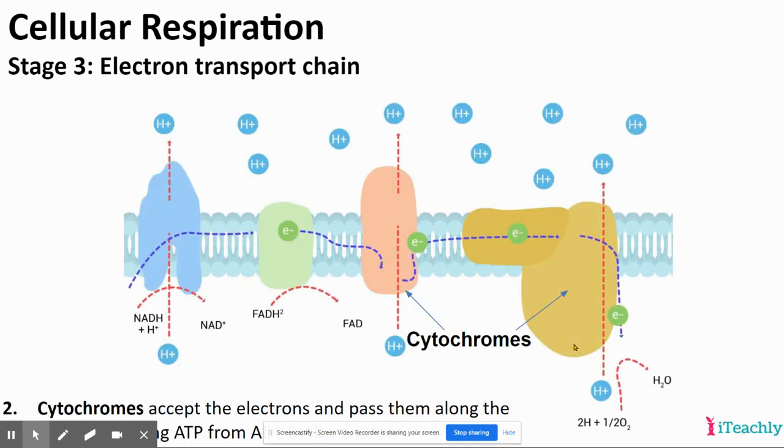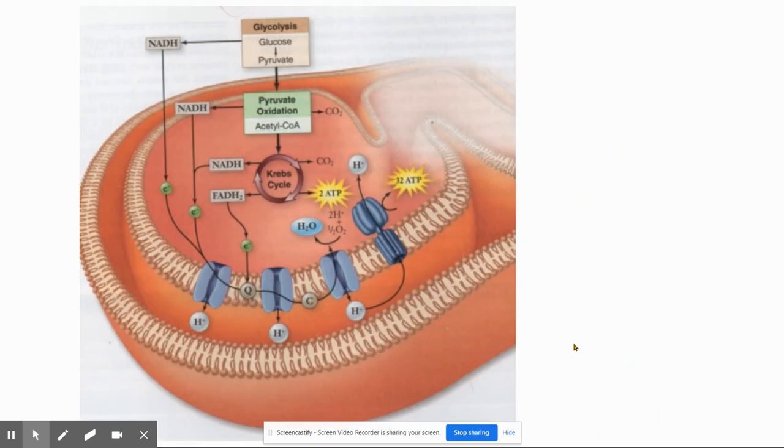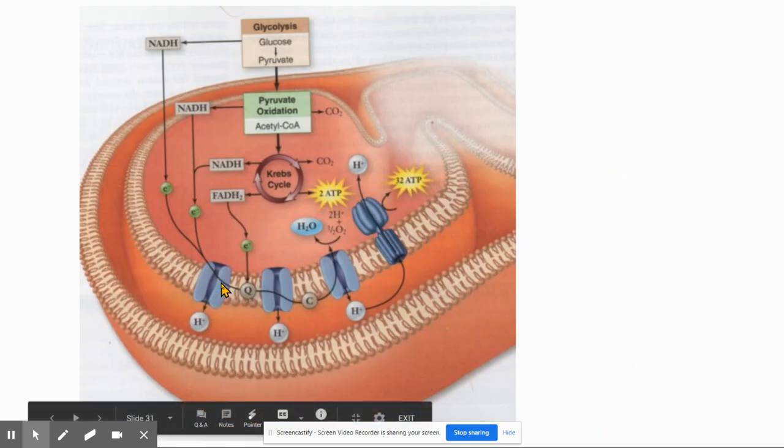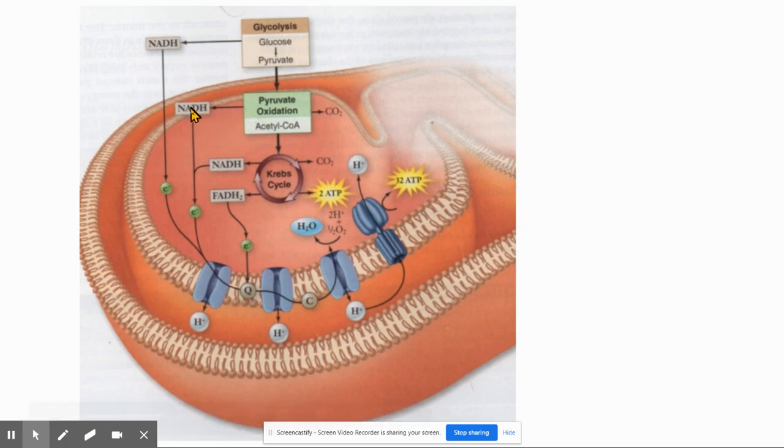Okay. So let me go back here a minute. So that's what this is right here, right? This is going to show you the same thing. Those NADs that you created up here and here and here are now going to get fed into the electron transport chain. Here they're going to pump hydrogens across this membrane right here. Then this is the electron carrier.